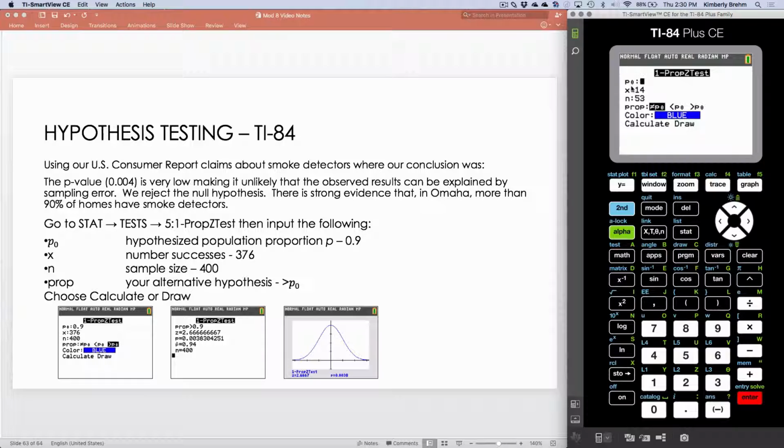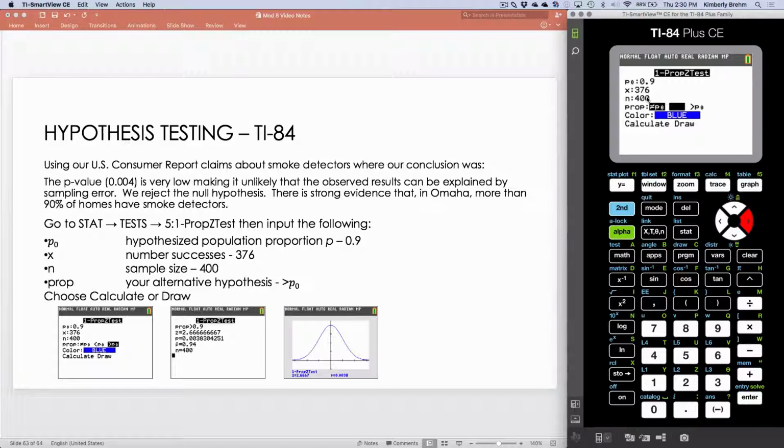P sub 0, that is whatever our hypothesis was. So in this case, our hypothesis proportion was the 90%, so 0.9 of homes. X is the number of homes that had the smoke detectors, which was 376, so number of successes, 376 out of the total number of 400.